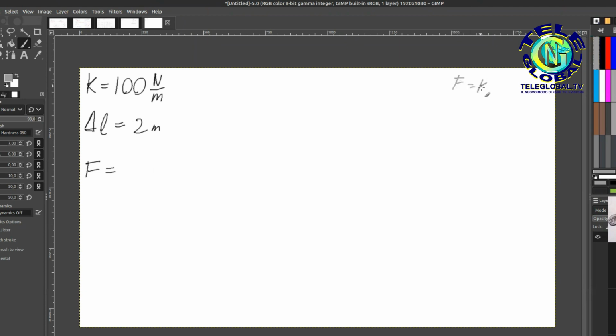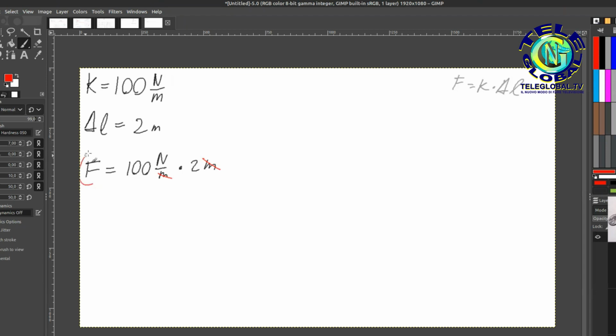As a reminder, 200, exactly 200. And with the measure, are we going to write m square also, or no? We don't need it. Well, it's 100 Newton per meter multiplied by 2 meters. So then it will be just Newton. Yeah, the meters will cancel out, as though they were letters in an equation.